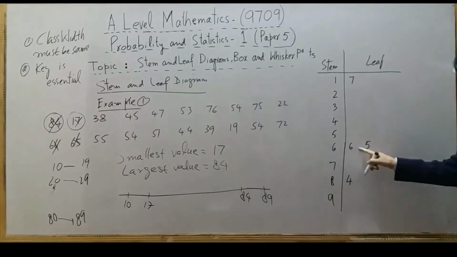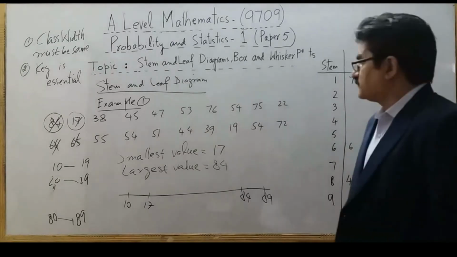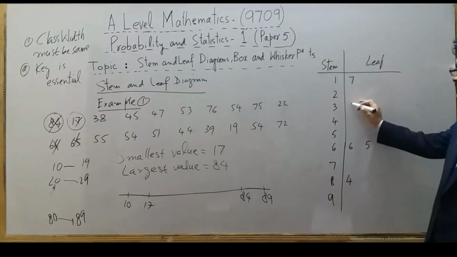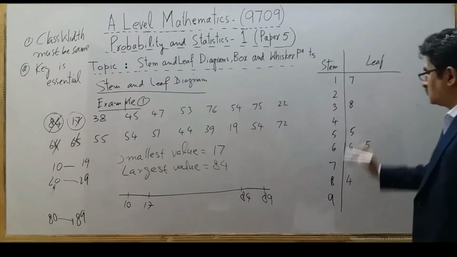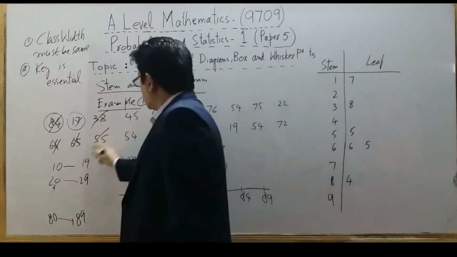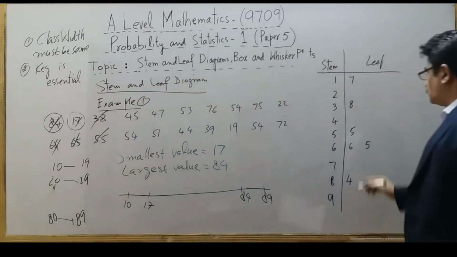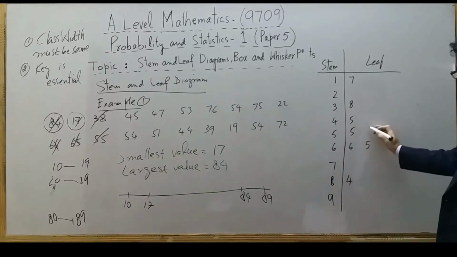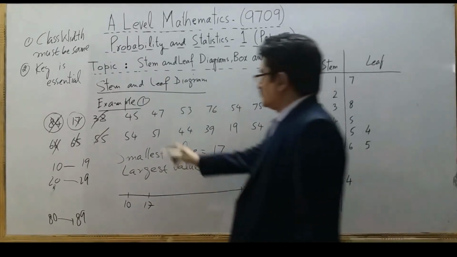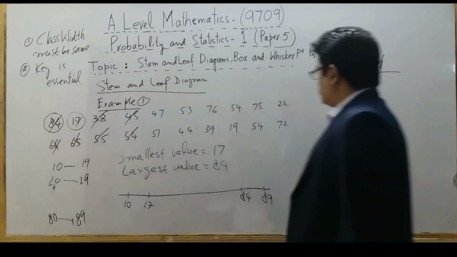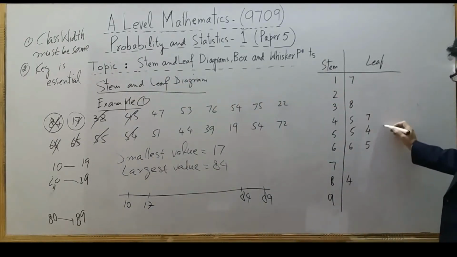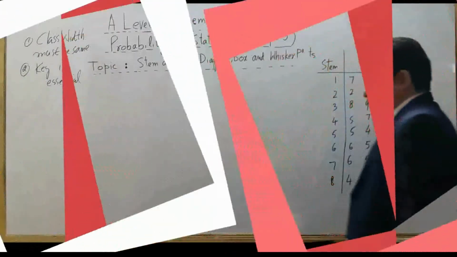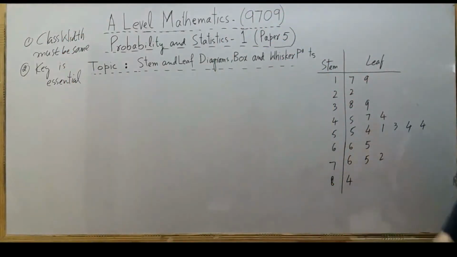Give space over here. Then we have 38. Then we have 55. Then 45 and 54, then 47, 51. Now this is the unordered stem and leaf diagram.